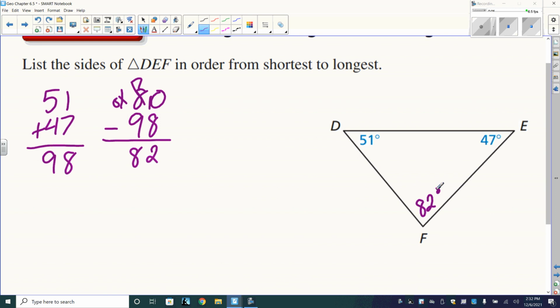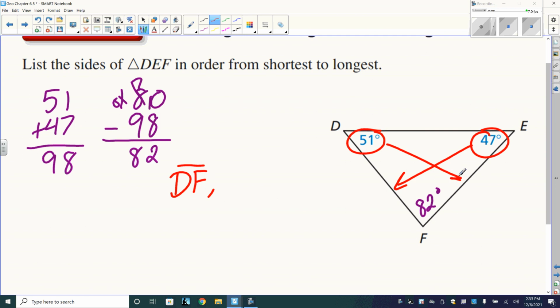So we're wanting to go from shortest to longest, so we want to see which angle is the smallest. And the side opposite this is side length, side DF. So side DF would be the smallest side. The next biggest angle is 51, which is opposite FE or EF, either one.